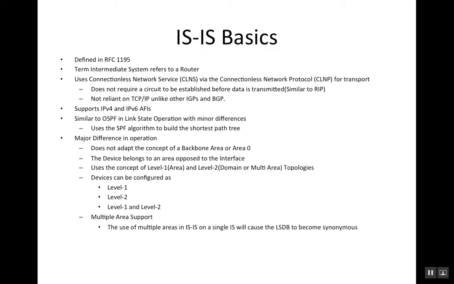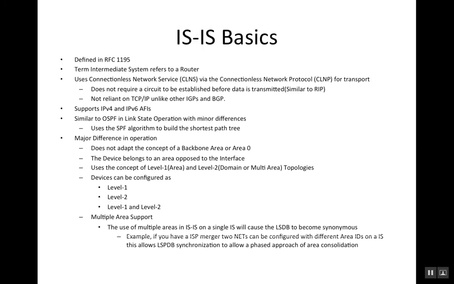So the multi-area support, like I said, the use of multiple areas in a single intermediate system will cause the link state database to be synonymous. Once again, I'll show you exactly what that means if that sounds like another language to you. Where you would see this is if you have an ISP merger and two network entity titles, which we'll get into what that means, can be configured with different area IDs.